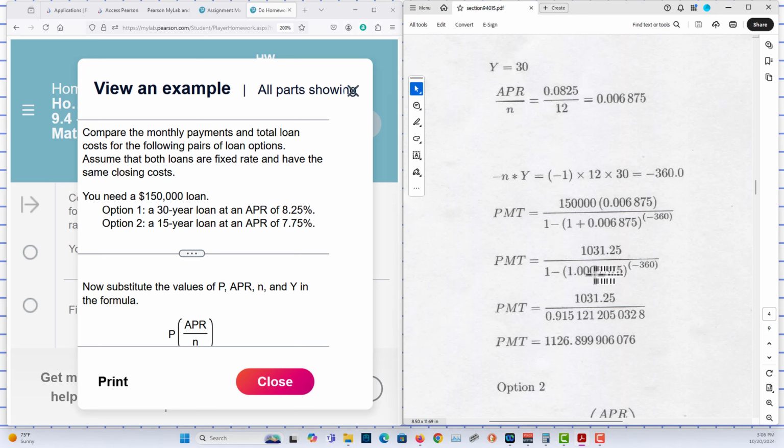To simplify the denominator, you have 1.0006875 raised to the negative 360, and 1 minus all that. When you divide and that simplifies, you get that value, then you just divide out. And that's the value you get: $1,126 and looks like 90 cents for your payment, and that's for option one.